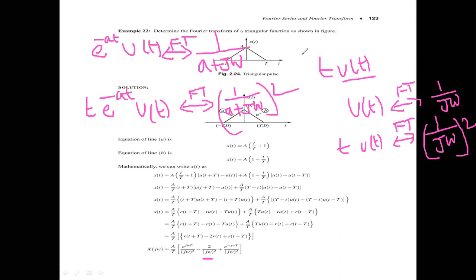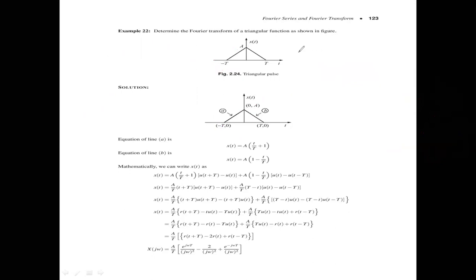Why they got? By using the shifting property. What is the shifting property saying? X of t minus t naught, what is the Fourier transformation? Fourier transformation is e power minus j omega t naught into x of omega.